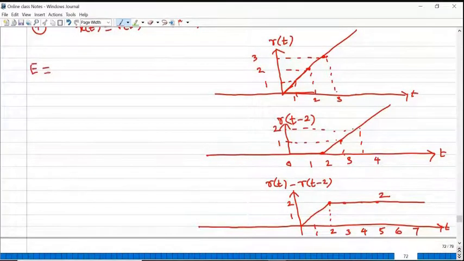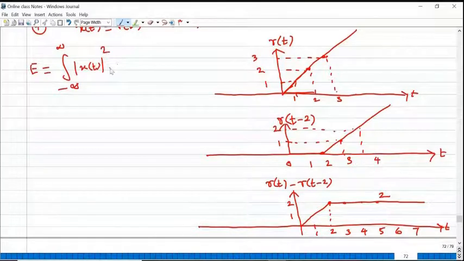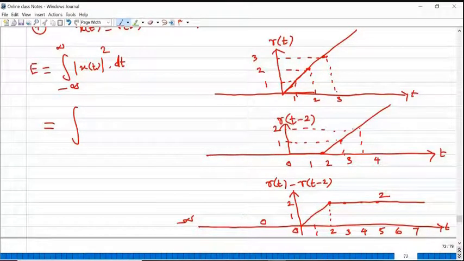let me derive the energy of the signal first. The general formula is minus infinity to infinity of modulus x of t squared into dt. But in this example, from minus infinity to 0, no information is available, so for negative values of t, no information. From 0 to 2, the signal follows a ramp signal, that is the t function, the r of t function. What is the r of t function?